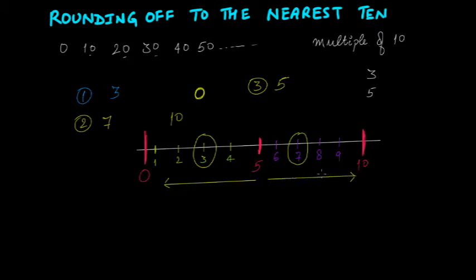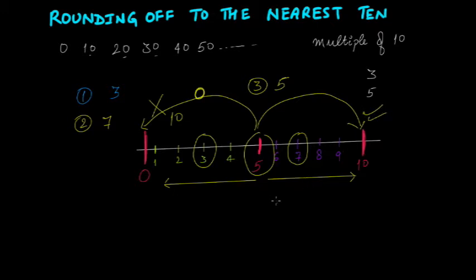Then keep in mind, when the value comes exactly in between, then always go for the next closest multiple of 10. Like in this case, you are asked for 5, so you will not go for 0, you will go for 10. So in this case, the answer would be 10.